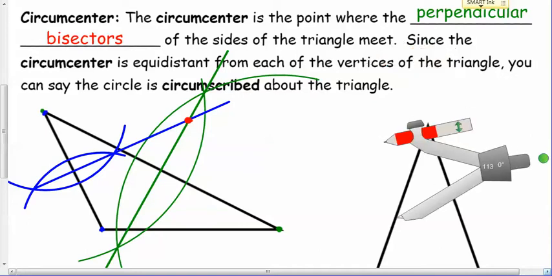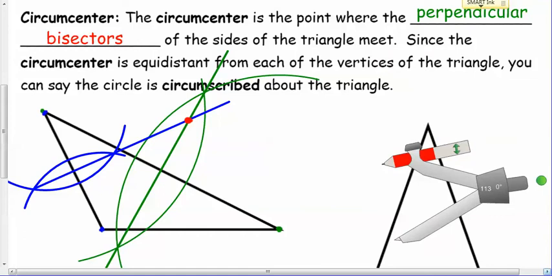The really cool thing about a circumcenter, a circle center, is that since the circumcenter is equidistant from both the green points and the blue points, so from the vertices of the triangle, you can say that the circle is circumscribed about the triangle. That means I can draw a circle around this triangle as long as that circle starts right here in the center, and these 3 points will be on the edge of our circle.